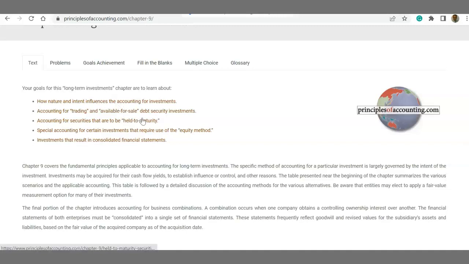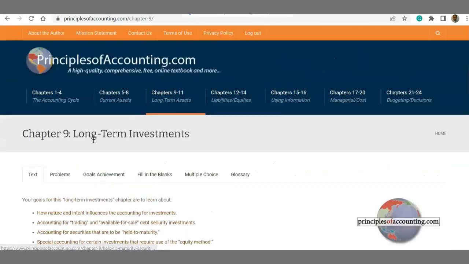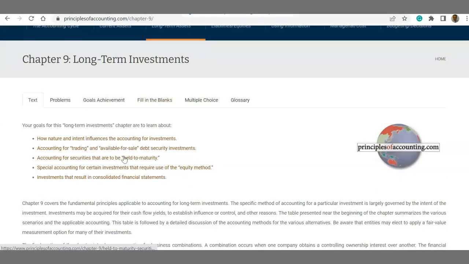But sometimes you buy securities like stock of other companies, and your intention is to hold them for the long term and collect dividends. Those are investments that will be classified as held to maturity. So there are 3 classifications of investment, and that's what chapter 9 is about, long-term investment.